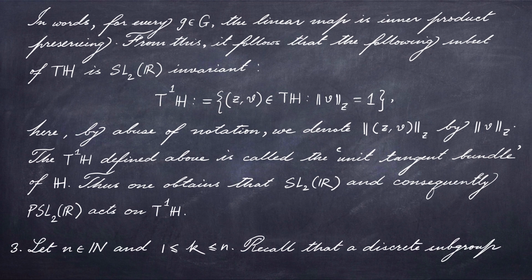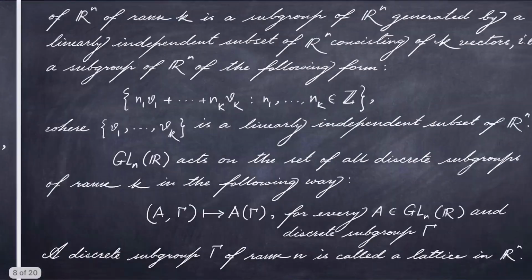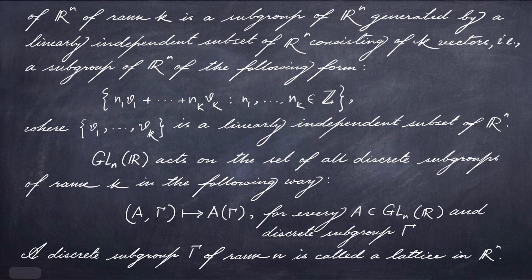All right. The next example is about the action of special linear groups on the space of lattices. So recall that for any natural number n and any k less or equal to n, a discrete subgroup of Rn of rank k is basically a subgroup of Rn generated by a linearly independent subset consisting of k vectors.